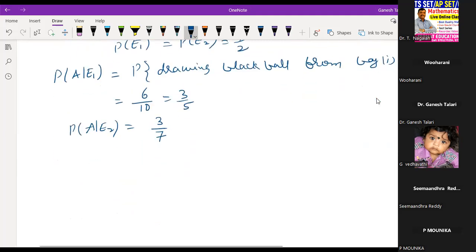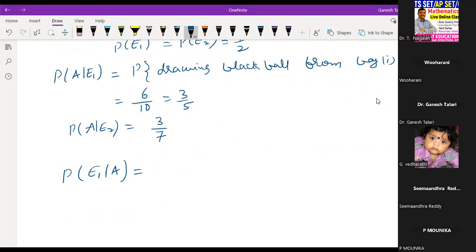So using Bayes theorem, you can write directly probability of E1 given A, because the black ball should be from bag 1.